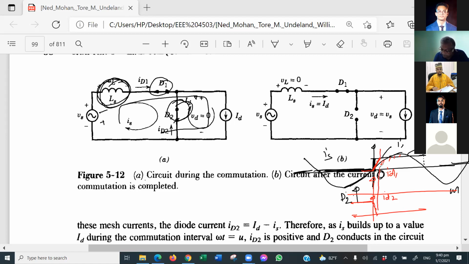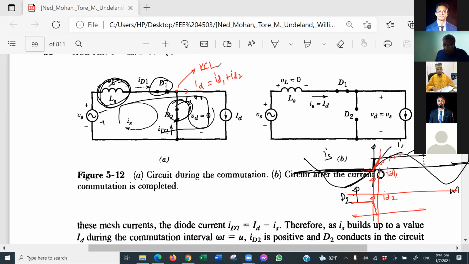If you add ID1 and ID2, you will get ID. ID will be ID1 plus ID2. You are applying KCL, Kirchhoff's current law.